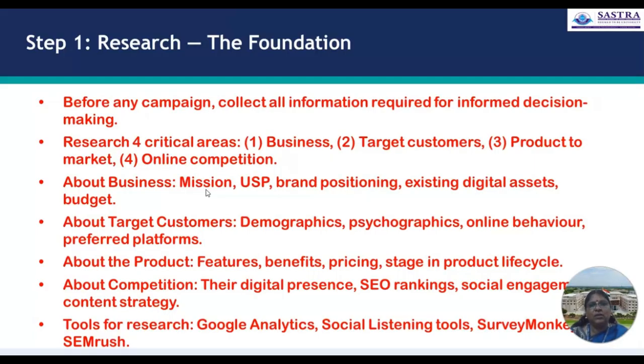Before the four critical areas of your business, your target customers, your product to the market, and your online competition, you should also know about your USP, unique selling proposition, where your brand is going to be positioned, what your existing digital asset budget is, how much you want to spend, and about your target people, the segmentation I mentioned, the demographics, for whom you want to make a cloud kitchen. What are their online behaviors? Will they buy online? Are they capable of buying online?